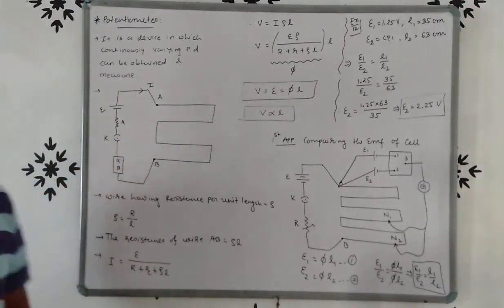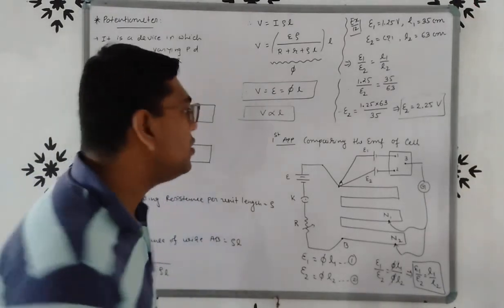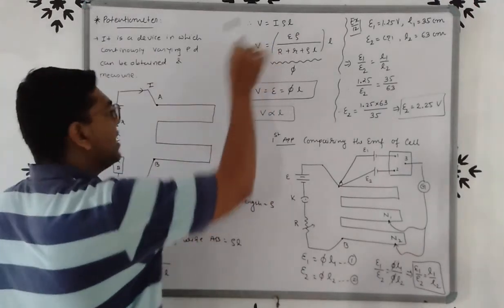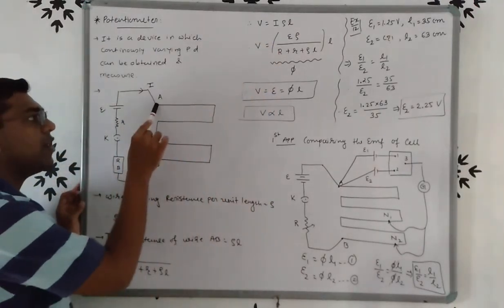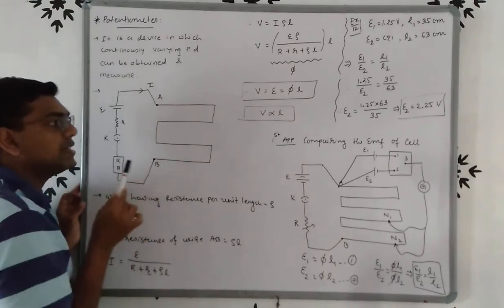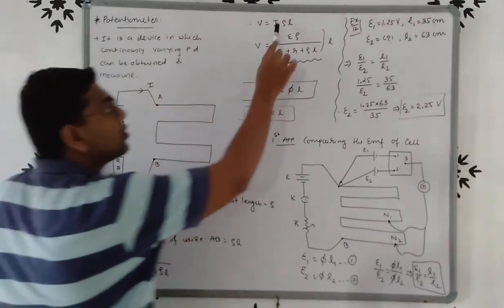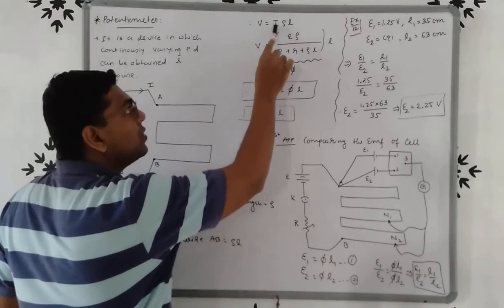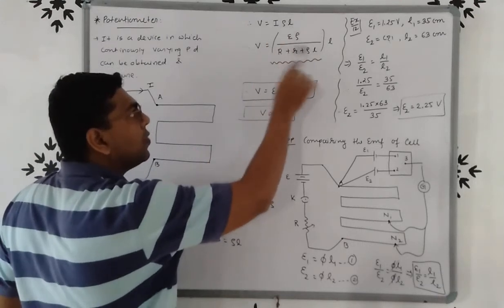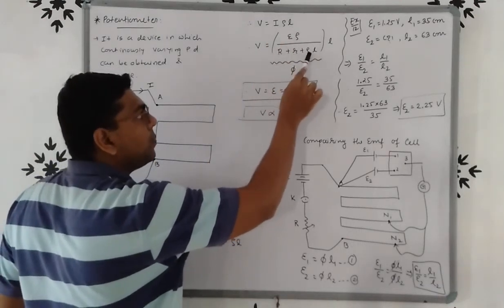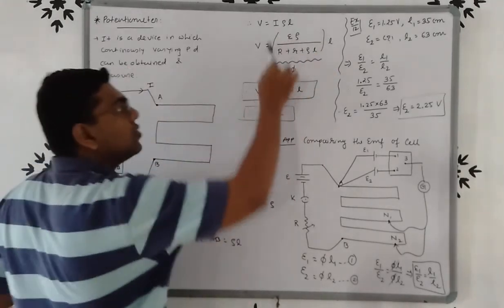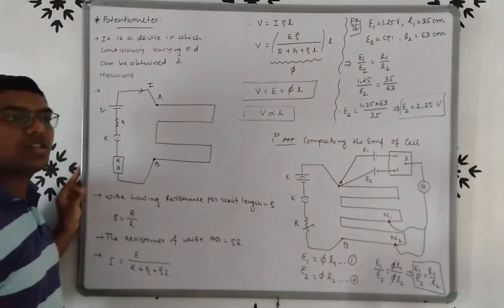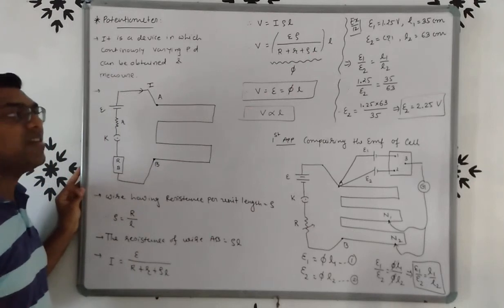Now we know the formula of potential difference between 2 points, V is equal to IR. Here we have to find out the potential difference between point A and B. So the resistance is rho L, so V is I rho L. We know the value of I, EMF upon capital R plus small r plus rho L, into rho L. But this is known as the gradient, which is constant, and we denote this by phi.